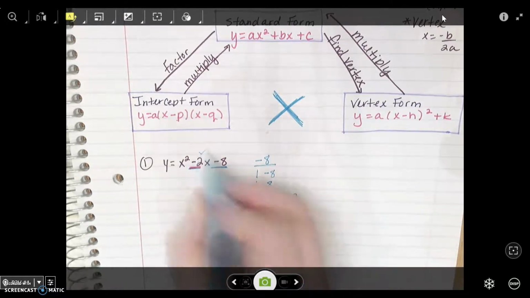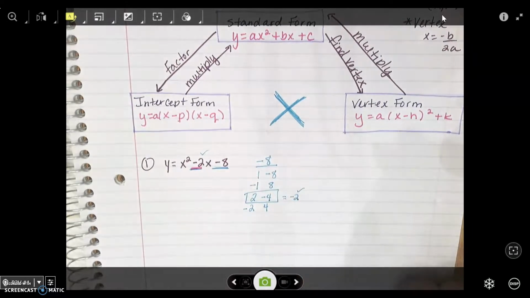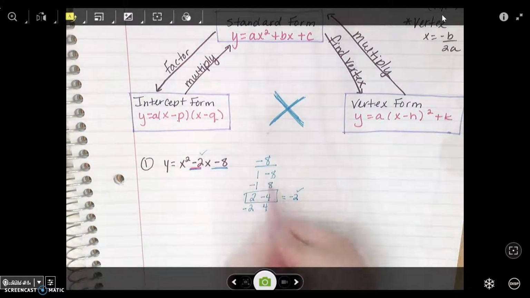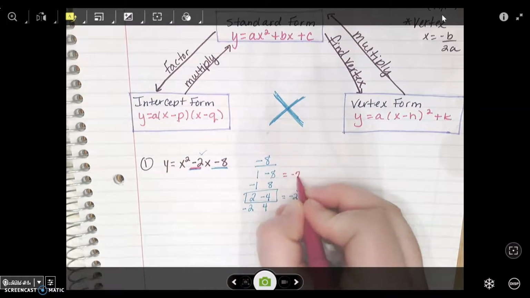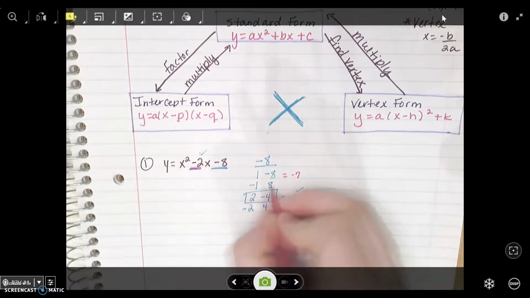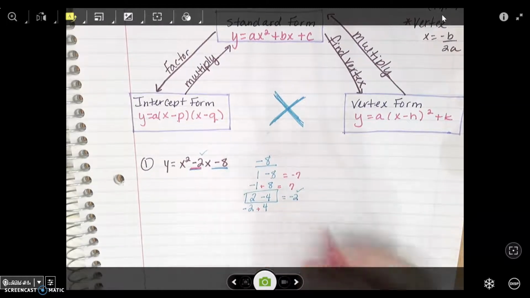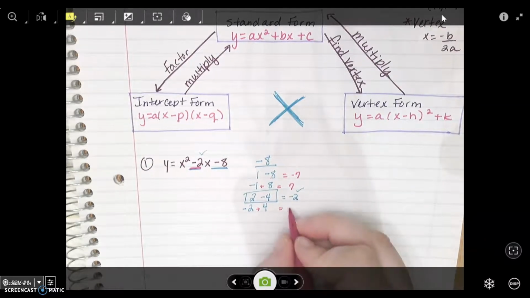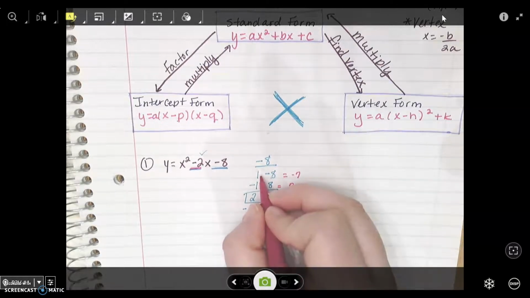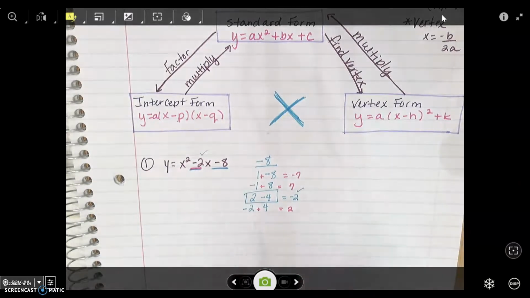That's what we want. Okay, see, when you add these together, 1 minus 8, that gives you negative 7. Negative 1 plus 8, that gives you a 7. Negative 2 plus 4, that gives you 2. Do you see that this one is the only one, 2, negative 4. When you add those, you get negative 2. Okay. That's the one you want.